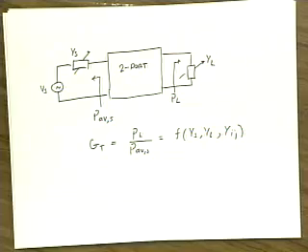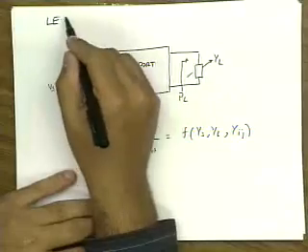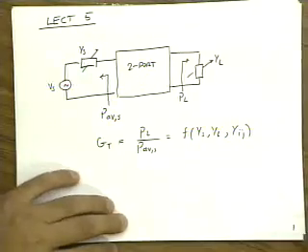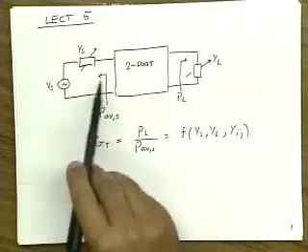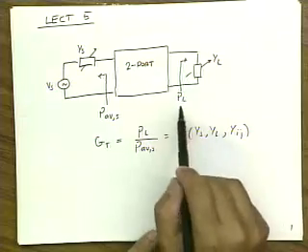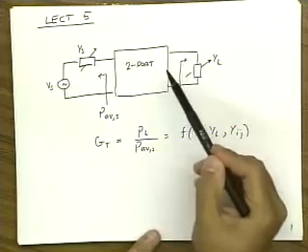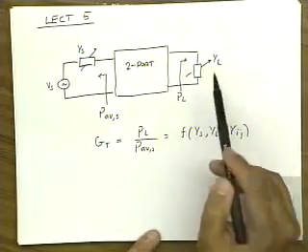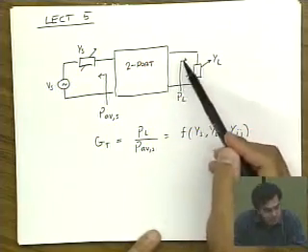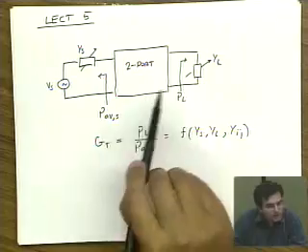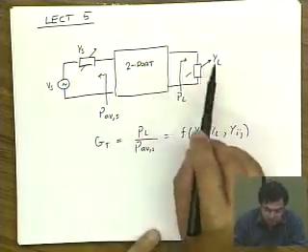So it should be pretty clear that in order to maximize the power to the load, we should make the power going to the load equal to the power available from the network. From the load's perspective, if we could design the load so that it represented a complex conjugate admittance to the 2-port, then we know we'd be extracting the most power possible from the 2-port. So that's the problem we need to solve from the load side.